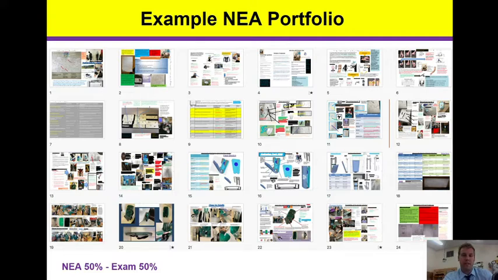Slides 10, 11 and 12 are looking at development of an idea or a solution, slides 13 and 14 are a record of manufacturing, and slides 15, 16 and 17 are presenting a final prototype using CAD, a piece of software such as Google SketchUp or Creo Parametric, which we use at St Paul's. The remaining slides are looking at the effectiveness that this solution would have in its real life context and situation, an evaluation.